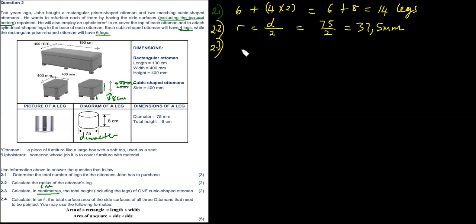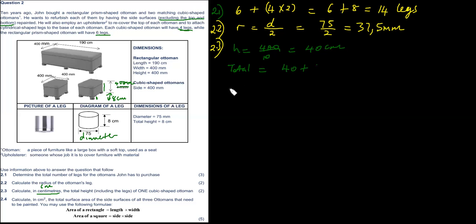So the height there is 400 divided by 10, which is 40 centimeters. Then the total height here is going to be equal to 40 plus, did I make a mistake here?